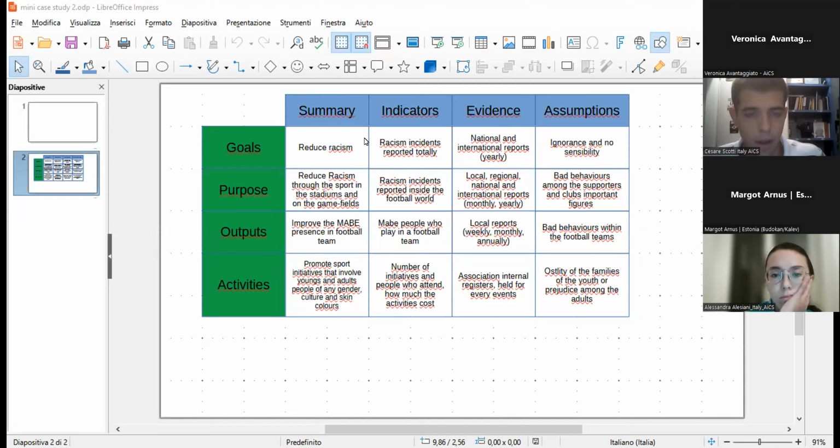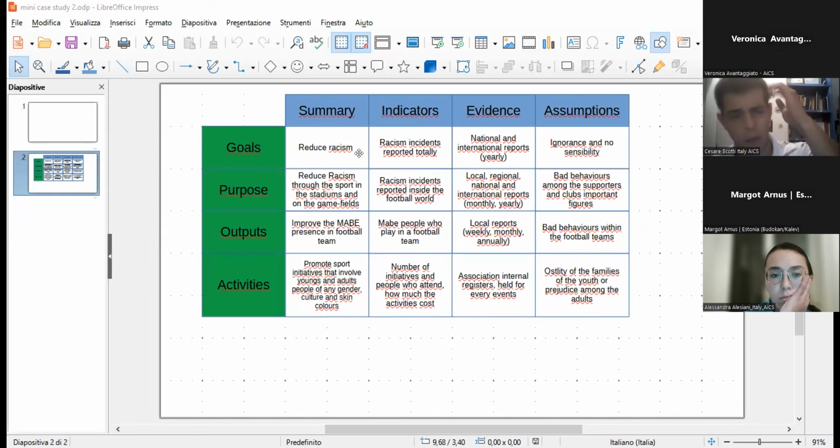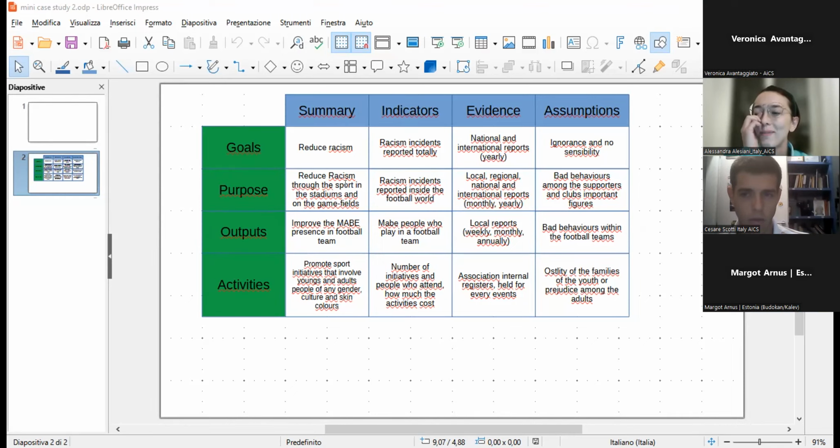I wrote that reduce racism through sport in stadiums and on the game fields. So how can we generally reduce racism through sport? Okay. Do you agree, or do you think that the process is not right? Well, no, for now it's good. Absolutely.